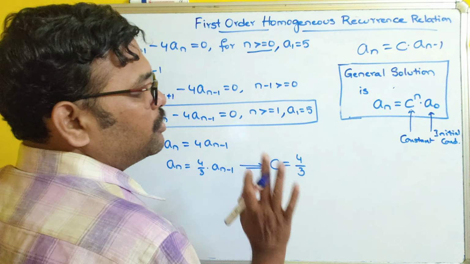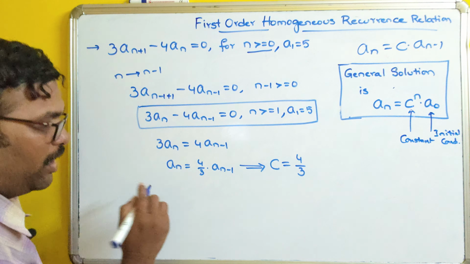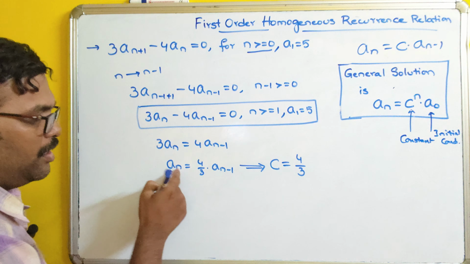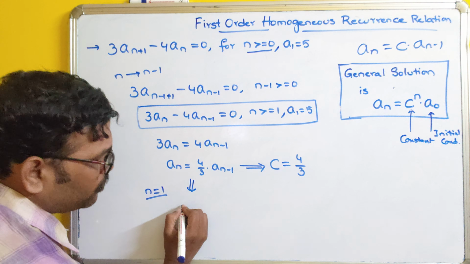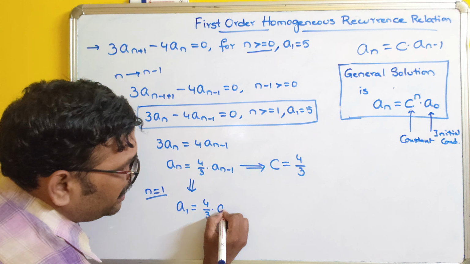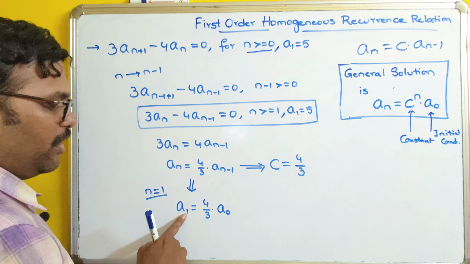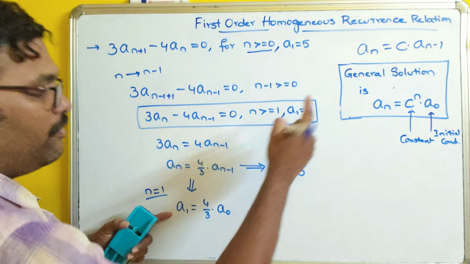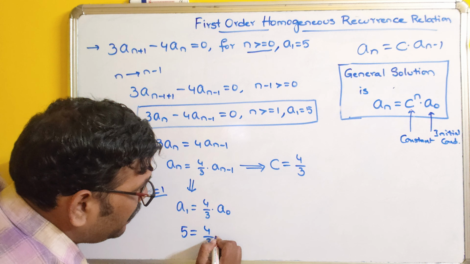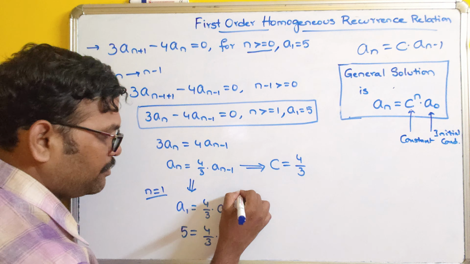What about a naught? We are not having a naught, we are having a1. So substitute n with 1, so a1 is equal to 4 by 3 into a naught. Here we know a1, which is 5. So 5 is equal to 4 by 3 into a naught.